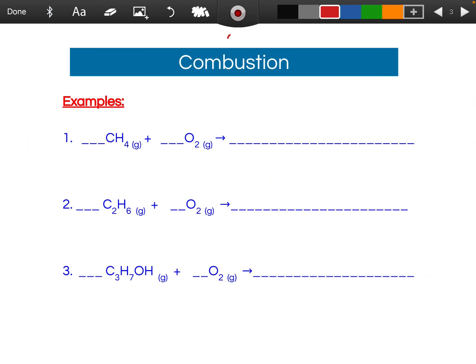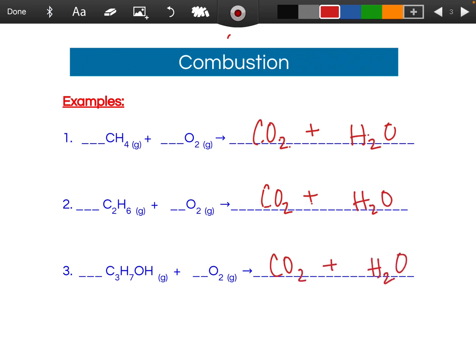All right, hopefully you've taken some time to pause the video and try these out on your own. So here are the answers. For all of these, we know that combustion reactions always form CO2 and H2O. So for every single one, we will always get CO2 and H2O.